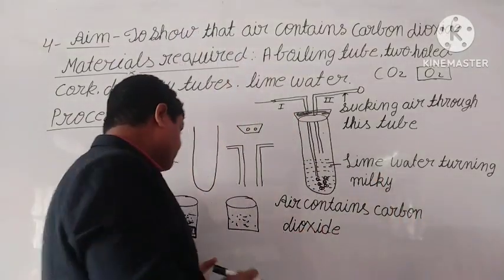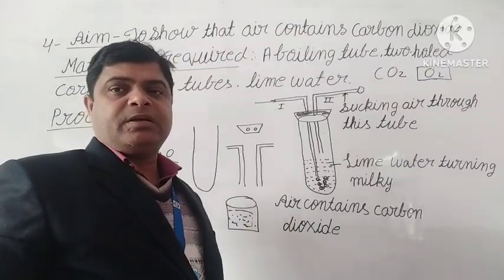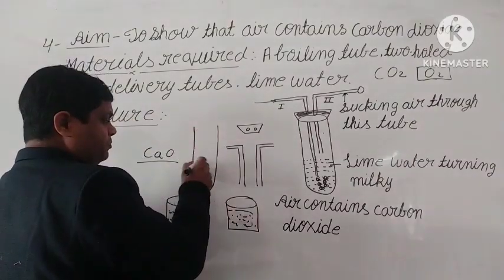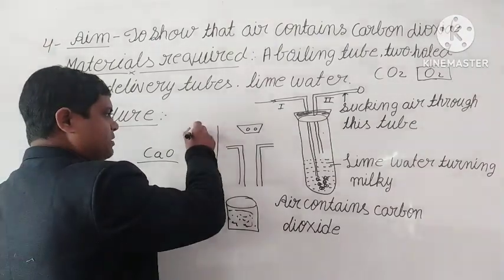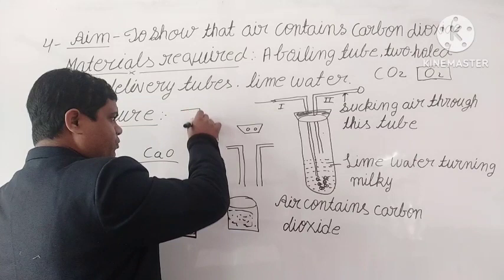Same thing. Just take one beaker or a test tube. See, students, take the test tube and fill it with lime water. Clear? And after that, close its mouth with a cork with one hole, and put in one tube.